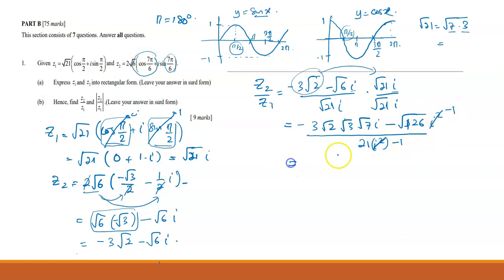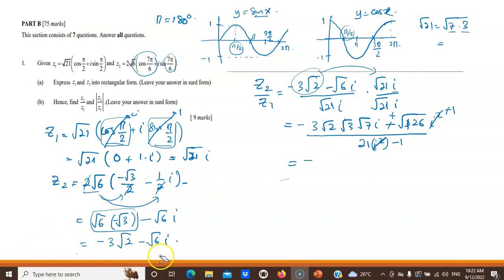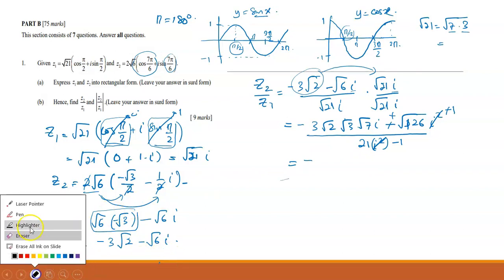So then negative multiplied with negative is positive.